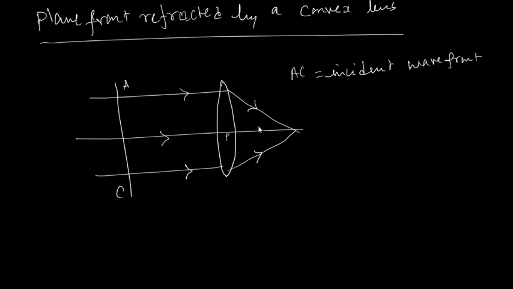Okay, now this is the focal point. And what about the refracted wavefront? It will be a curved surface like this. Are you able to follow? So we can call it A dash C dash also for your better understanding. So A dash C dash curve is the refracted wavefront.